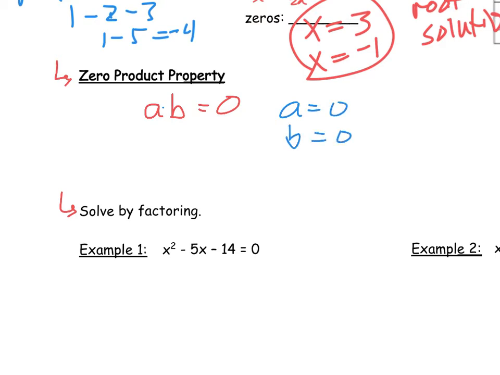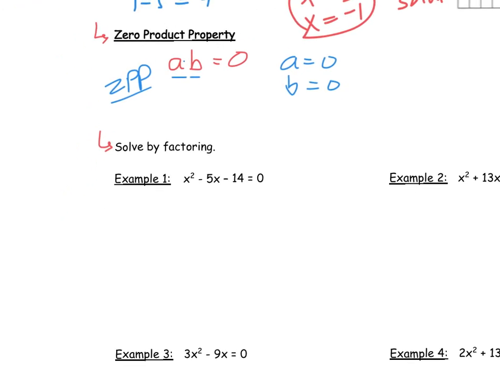That's the zero product property. If you multiply two things and get 0, one of those two factors has to be equal to 0. So that's the ZPP, setting your two factors equal to 0.